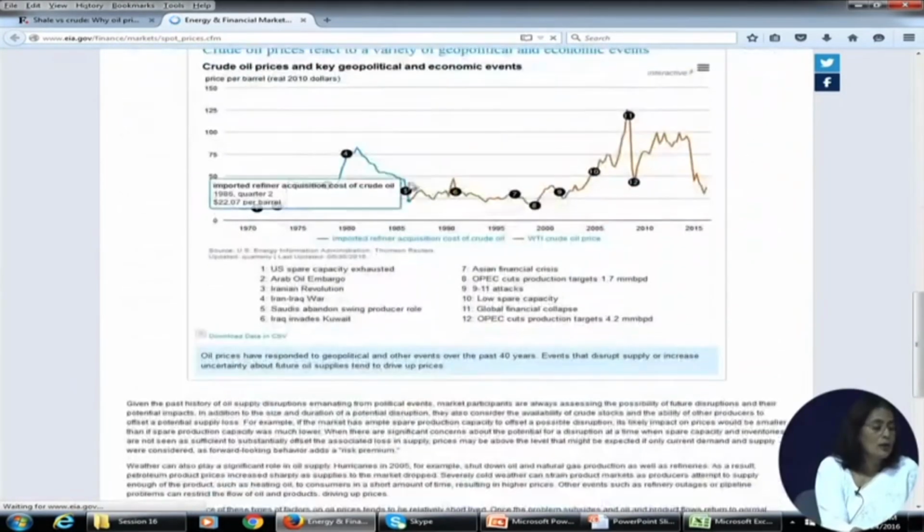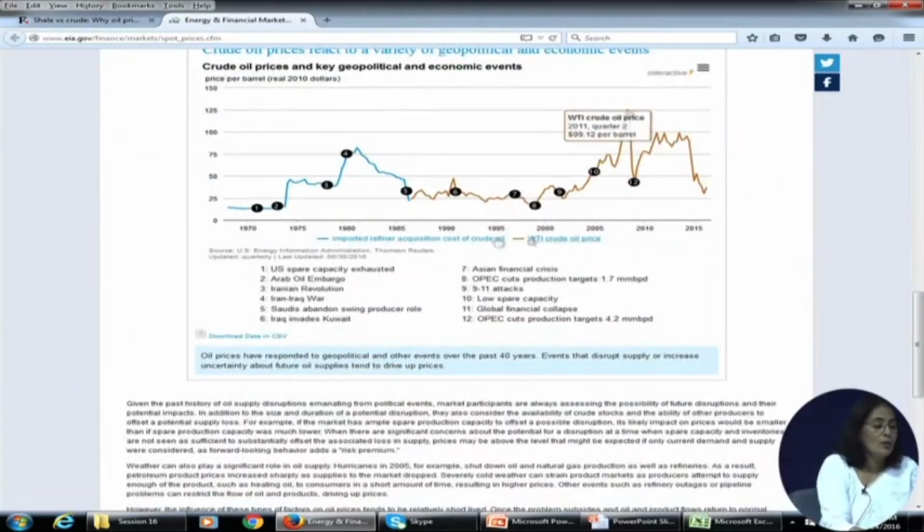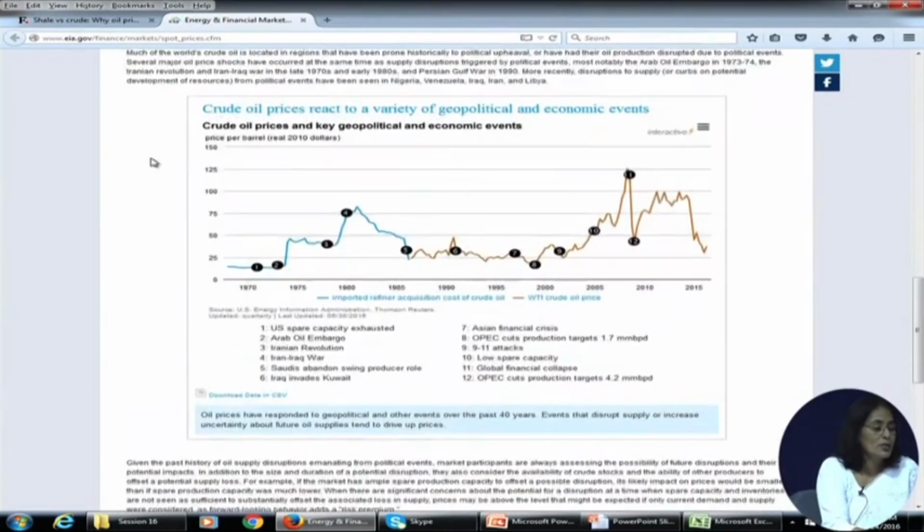This particular picture is one of my favorite pictures. It shows how crude oil prices react to a variety of geopolitical and economic events. From 1970 till 2016, they have identified 12 major geopolitical events which have influenced global crude oil prices.